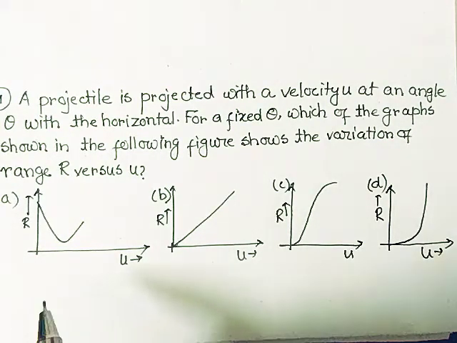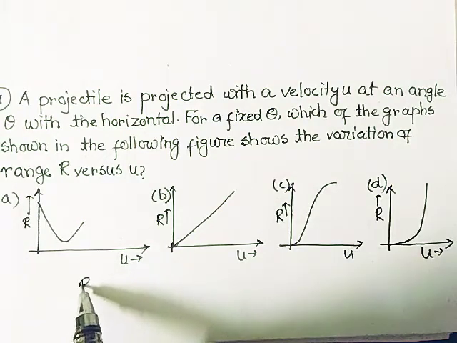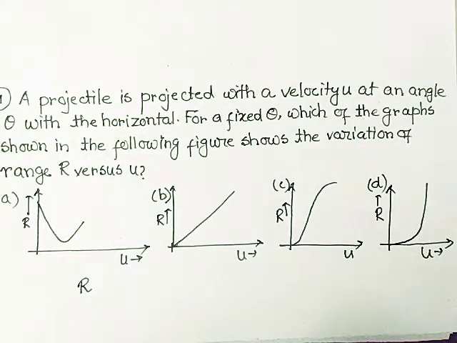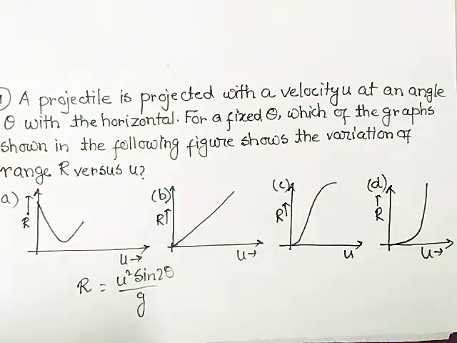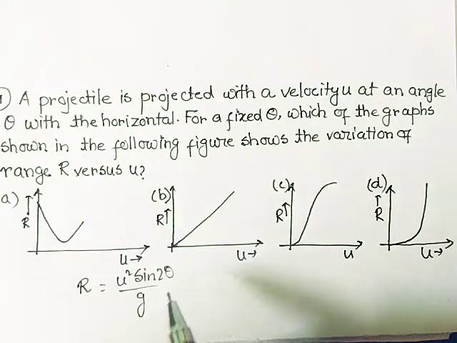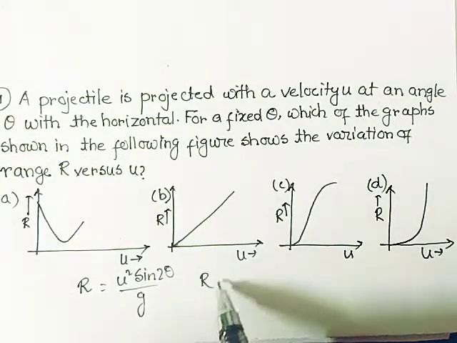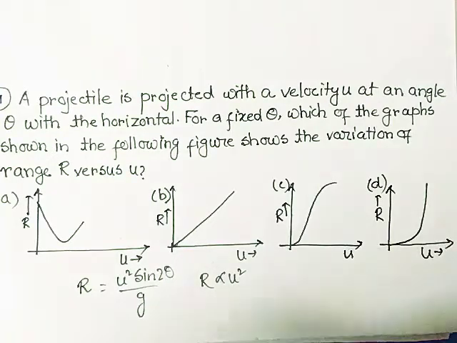The range changes with the velocity u, and since we know that the range is u square sine 2 theta divided by g, if theta is constant, then obviously R is proportional to u square. So obviously option D is correct, because it shows R proportional to u square.